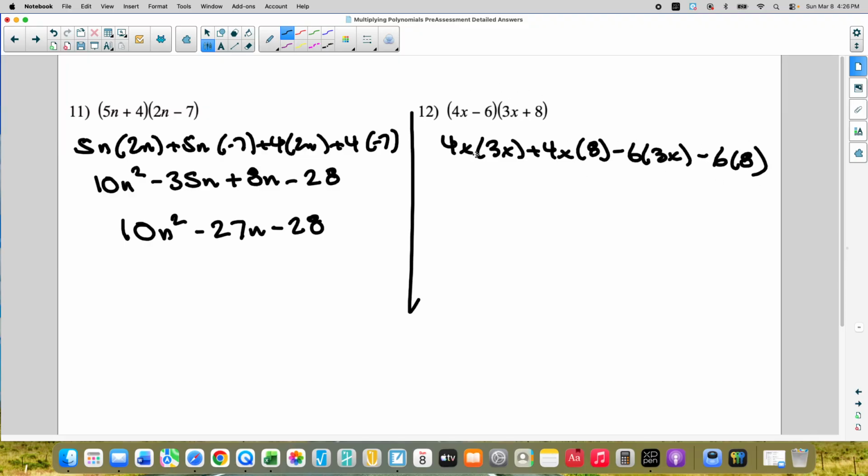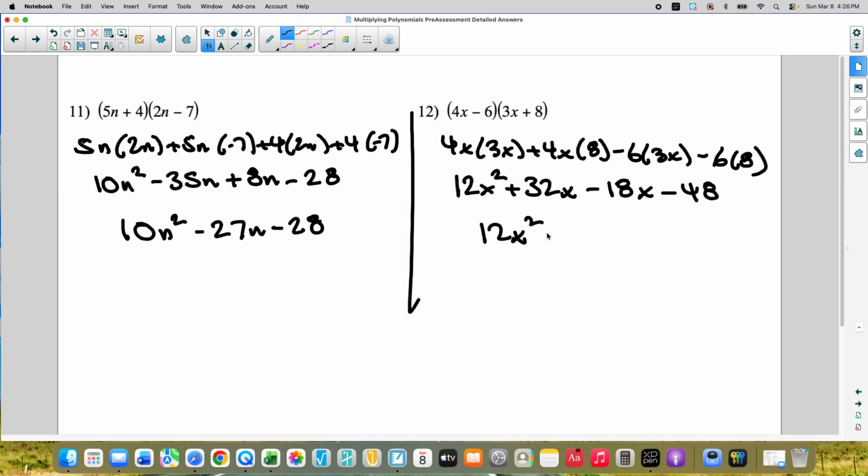We have 4 terms that we create because we're distributing 4 times. So of course we're going to have a product, a product, a product, a product, and it's going to be the sum or subtraction of those 4 products. So 12x squared plus 32x minus 18x minus 48. Like terms, 12x squared.